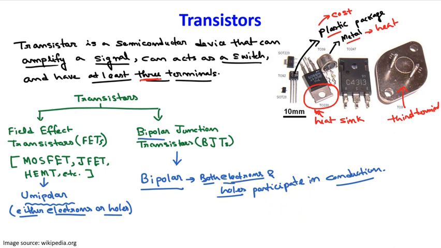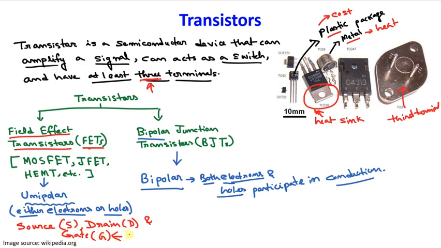And as we have mentioned earlier, the transistor should have at least 3 terminals, right? So for these field effect transistors, the terminals are termed as source, in short S, drain, in short D, and gate, in short G. So these are the terminals for field effect transistors or FETs.